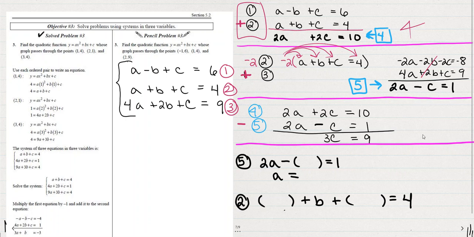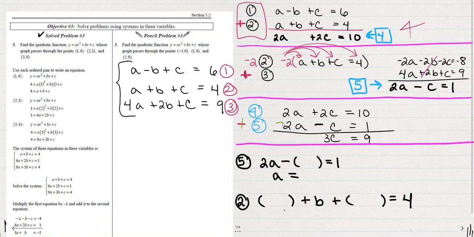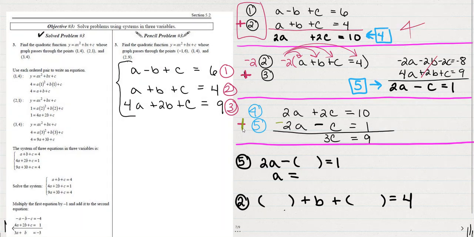I could subtract those from each other to eliminate the a's. I'm going to do that subtraction by changing it to adding the opposite. So equation 4 minus equation 5 is the same thing as equation 4 plus the opposite.